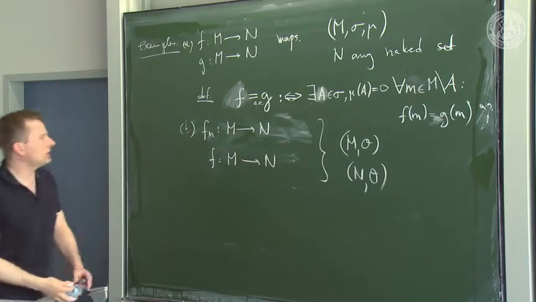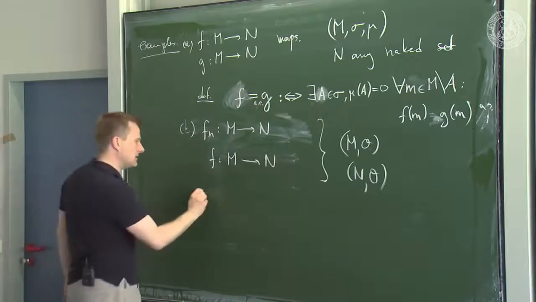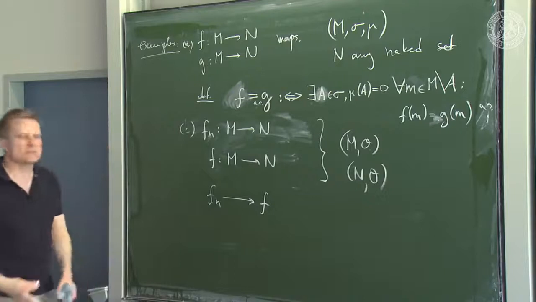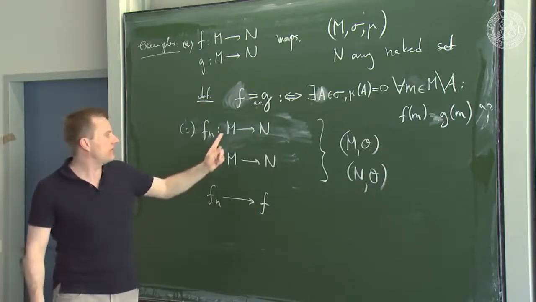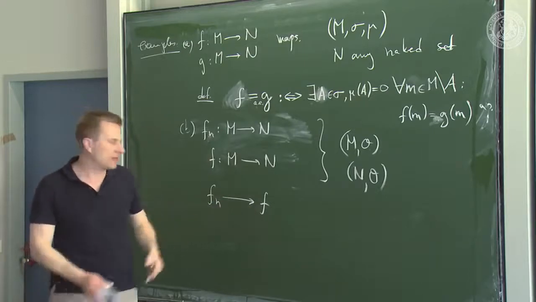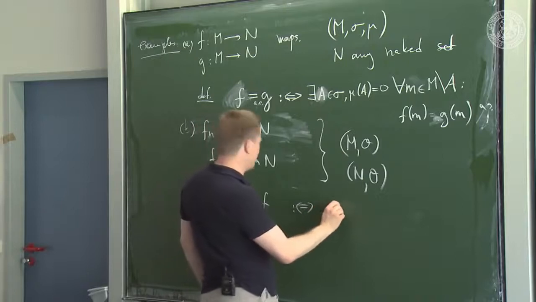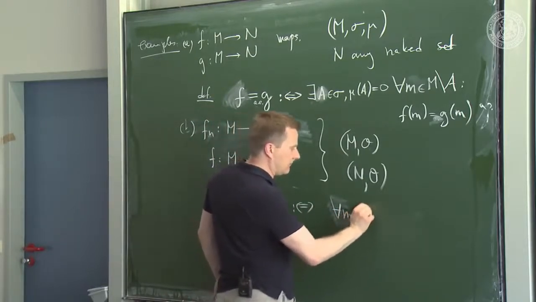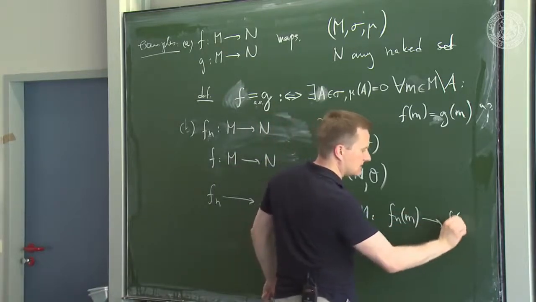So you could talk about this converging against this, right? This would be convergence, and you know how it works. It needs to converge pointwise at every point of M. So you say this converges by definition if and only if for all m in M, f_n of m converges against f of m.